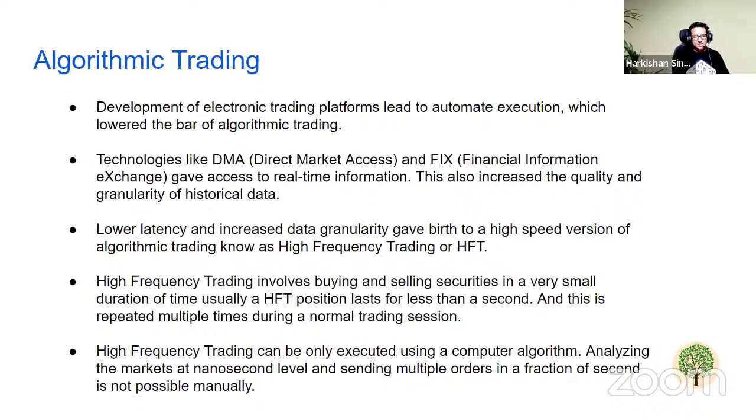Without computer algorithms, these things are not possible, because you are analyzing nanosecond and millisecond level data, and you want to send multiple orders in a fraction of a second. You're not trading a single asset, you're trading multiple assets at the same time. A computer algorithm can monitor multiple assets and multiple markets at the same time, which is not possible to do manually. That is how algorithmic trading gave the advantage and why it's famous.